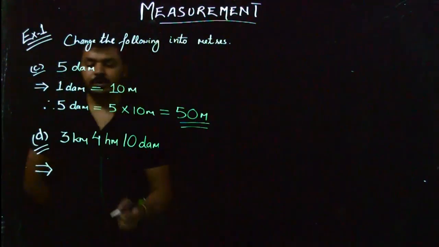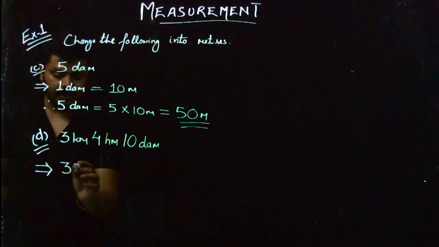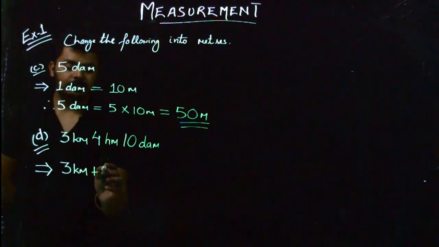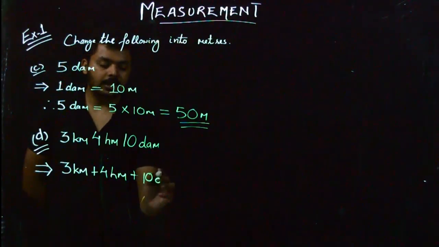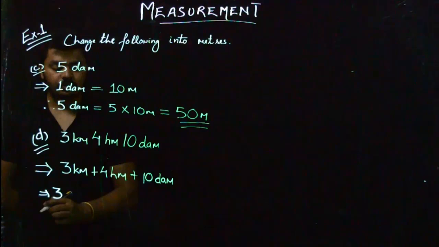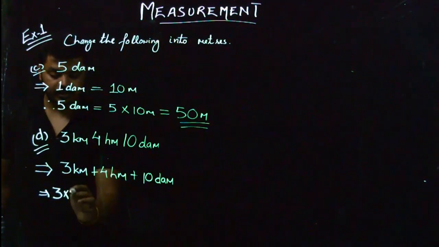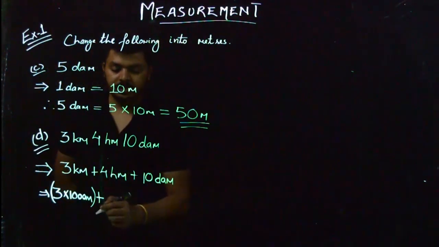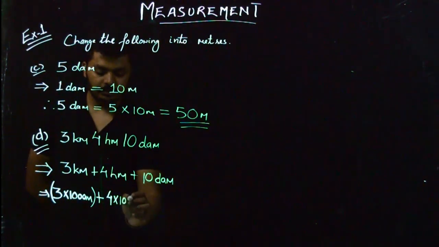So to convert it, first we need to know that we can also write it as 3 kilometer plus 4 hectometer plus 10 decameter. So 3 kilometer is equal to 3 into 1000 meter, since 1 kilometer is equal to 1000 meter, plus 1 hectometer is equal to 100 meter, so 4 hectometer is equal to 4 into 100 meter.